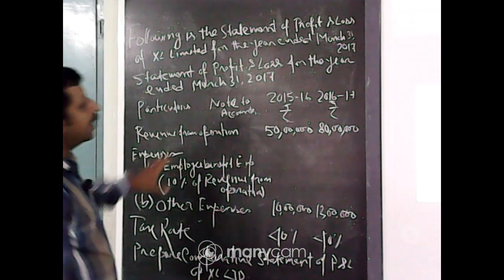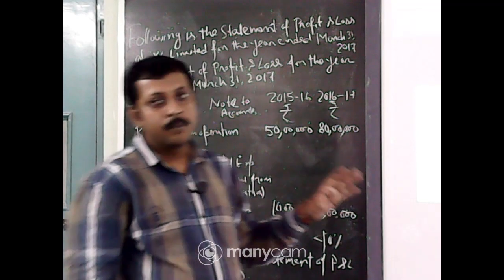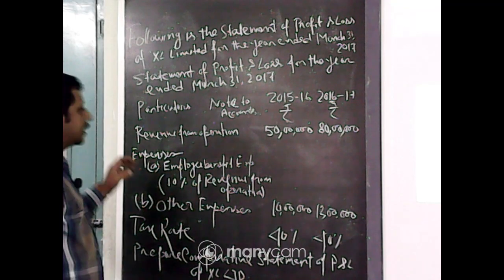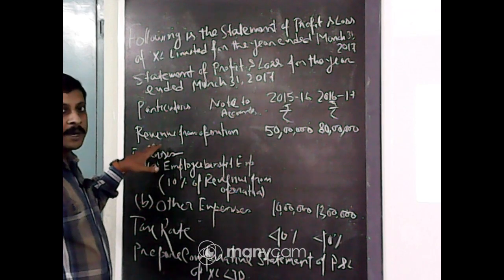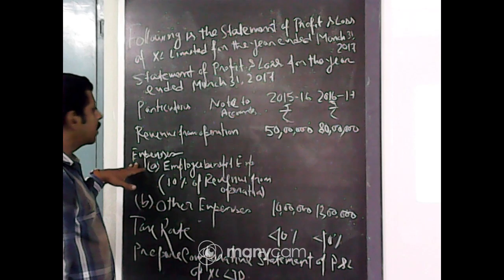The format should be as per the format given by the Companies Act 2013. You cannot change the format. If there is other income, that will be added here, but in this example there is no other income. So come to the expenses.